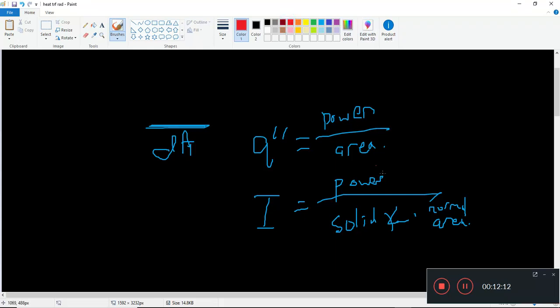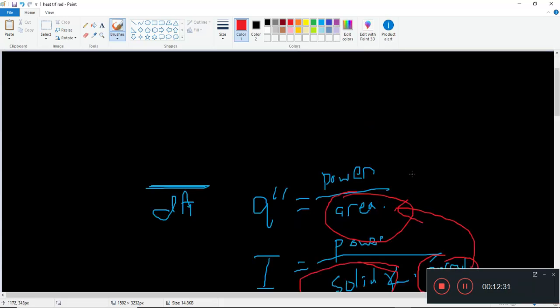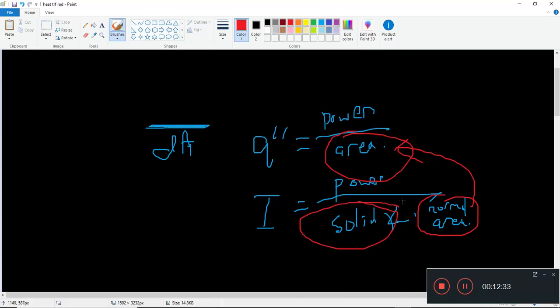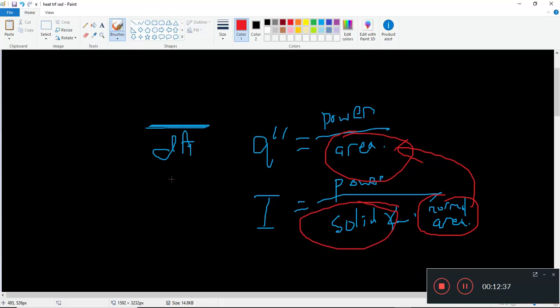So a few things to highlight. You look at the denominator of here versus here. Okay, so normal area and solid angle. So how do we, at least in principle, do this? We have to convert the normal area to area first. So how do we do that?